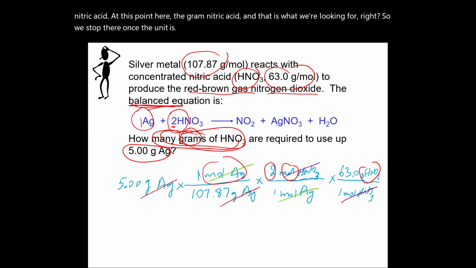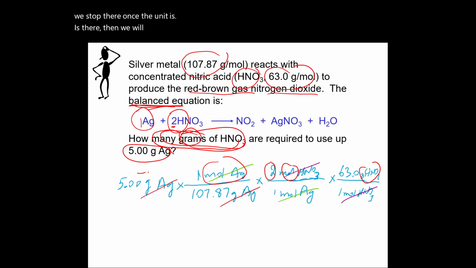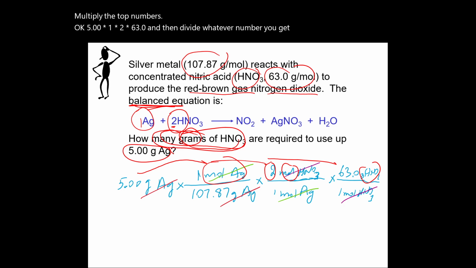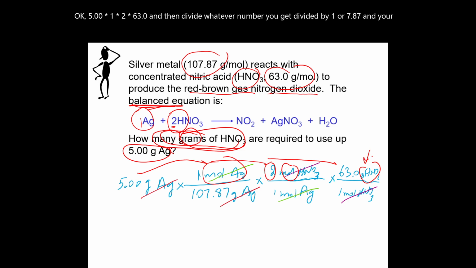Once the unit is there, then we will just do the math, multiply the top numbers. Okay, 5.00 times 1 times 2 times 63.0, and then divide whatever number you get by 107.87, and your unit is grams nitric acid.